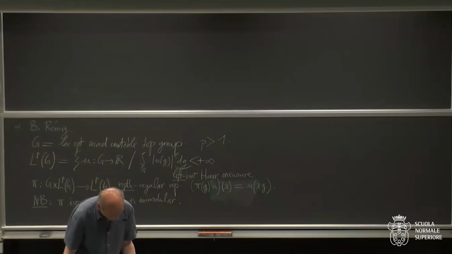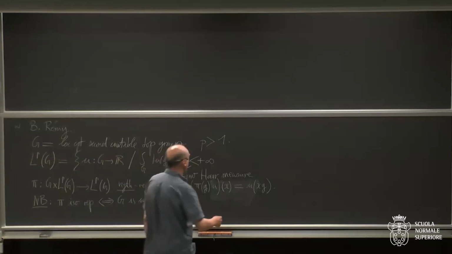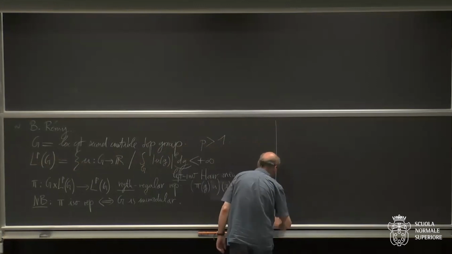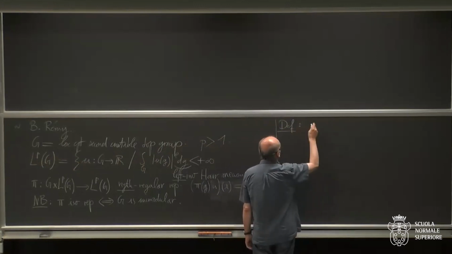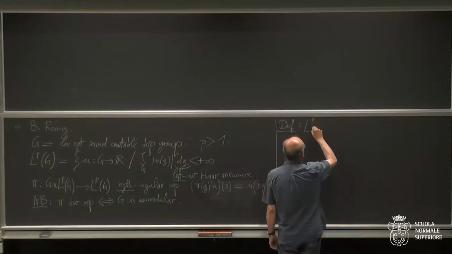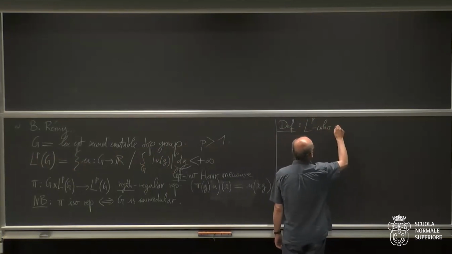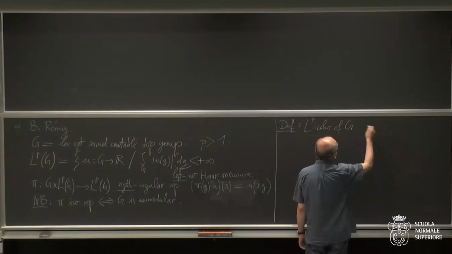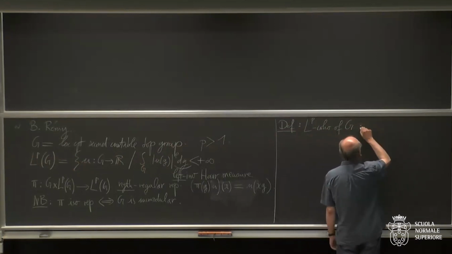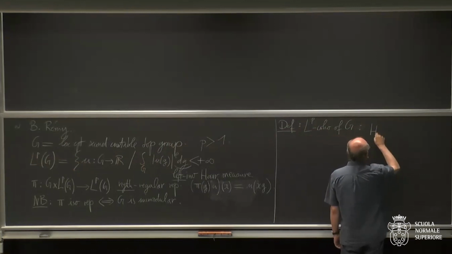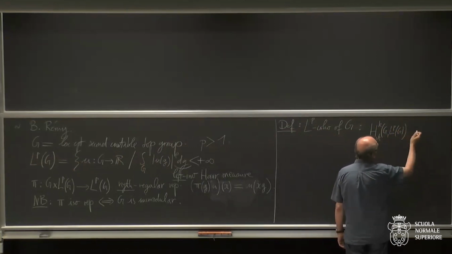Okay. So now I define the Lp-cohomology. The Lp-cohomology of G will be H^k, the continuous cohomology.